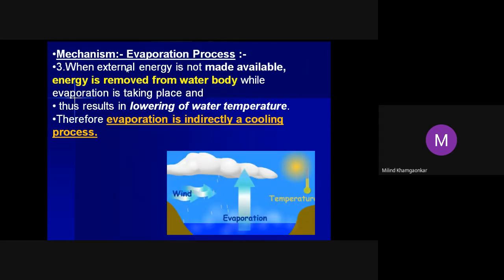Now the next point is very, very important. When the external energy is not made available, meaning the atmospheric temperature is not high enough for the water particles at the surface to get energy to evaporate, what do those water molecules do? They extract the energy from the water body itself.